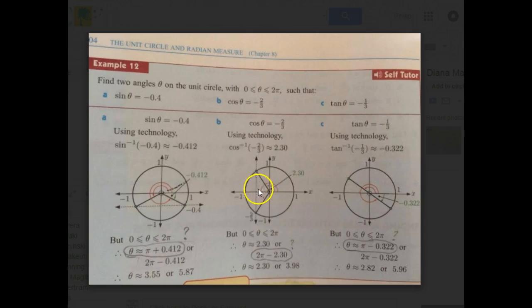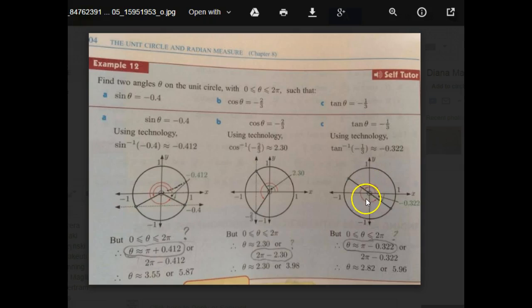Because you can see that the x-coordinate is to the left of the origin, so that means it's a negative value, so of course the cosine value is negative. How can you tell that this diagram is showing two angles with negative sine values? Because the y-coordinate is negative. Sine is the y-coordinate of the point that's on the unit circle.